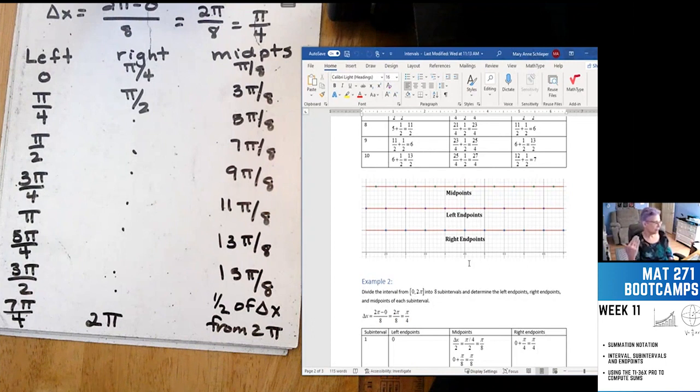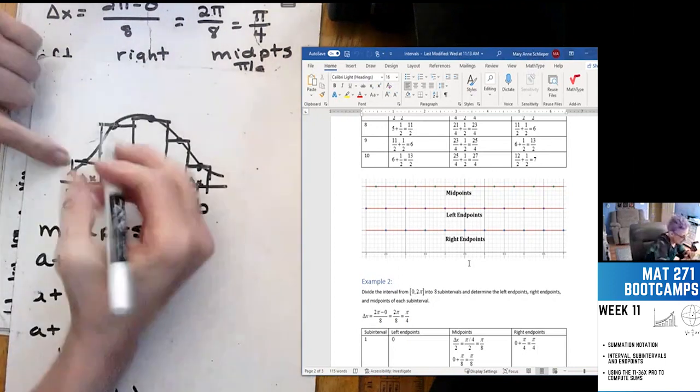So we'll be plugging these numbers in because that's how we'll calculate the height of our rectangle when we're trying to find the area of a bunch of rectangles that live beneath a function.